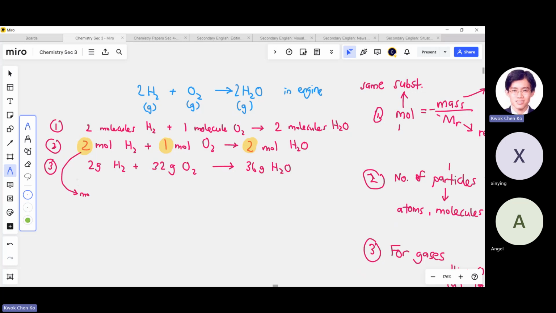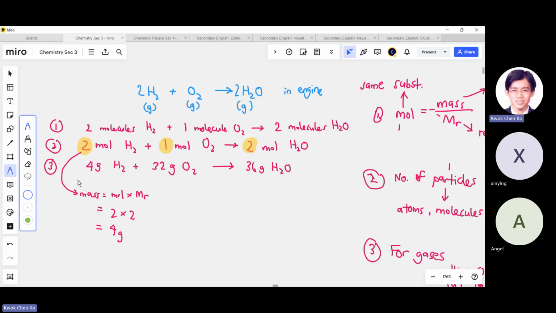So if I look at the formula, mass equals mole times mR. The mole is 2, and mR of H2 is also 2. So that's the thing I missed out. It's 4 grams, not 2 grams.